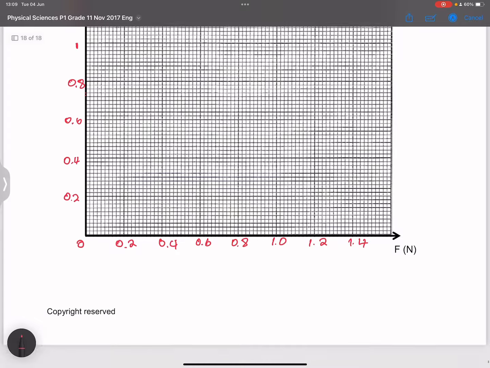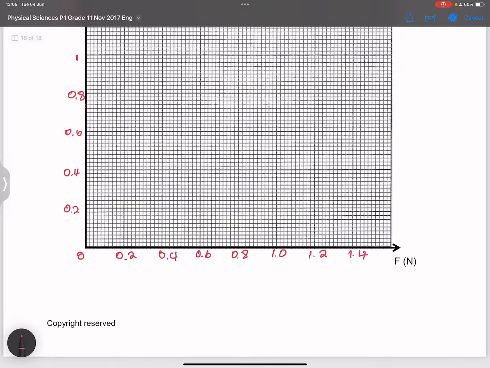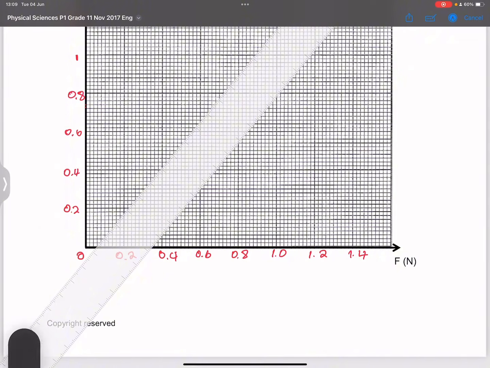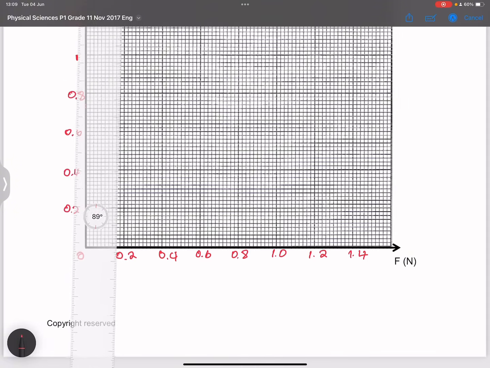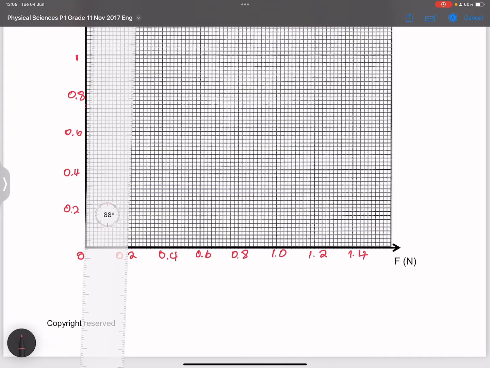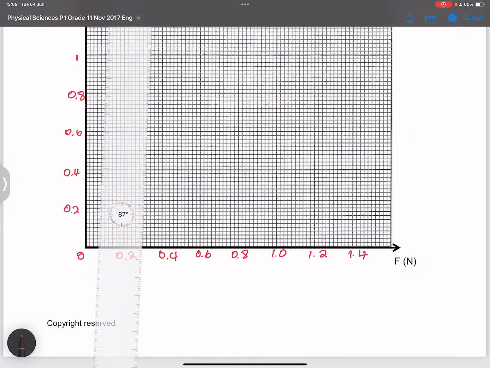All right, now ladies and gents, let's start with the first value. Our first value is 0.3 and 0.36. Okay, so let me just take out my ruler here. Right, now 0.3. Apologies there. So we've got 0.2, which means halfway between 0.2 and 0.4 is 0.3, right? So there we go, way over there.